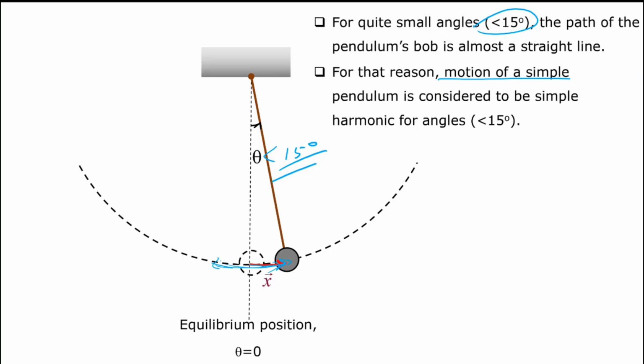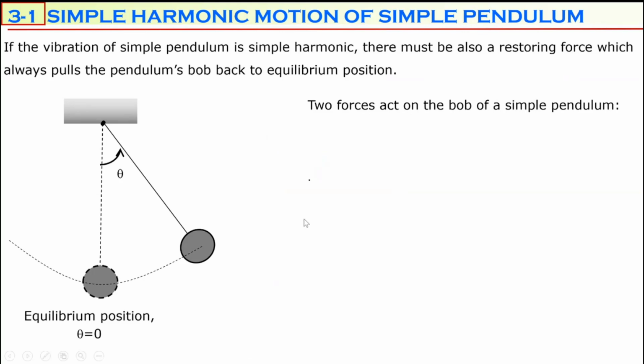We are going to look for what? Restoring force. There must be a restoring force to make a vibration simple harmonic motion. Now I am going to search the forces acting on this pendulum's bob, and I will try to find a restoring force acting on this pendulum's bob. So let's draw the forces, because the only proof, I mean the scientific proof, which can tell you that a vibration is simple harmonic motion is to look for a restoring force.